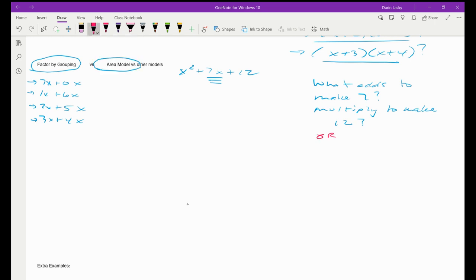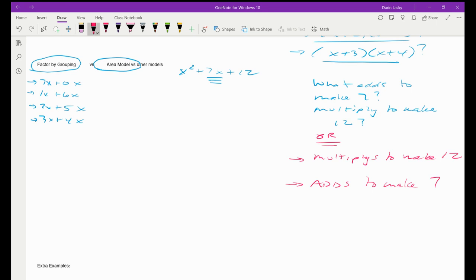Or we can say, what multiplies to make 12? Sorry for the writing, guys. What multiplies to make 12, but adds to make 7. Those are our two choices.